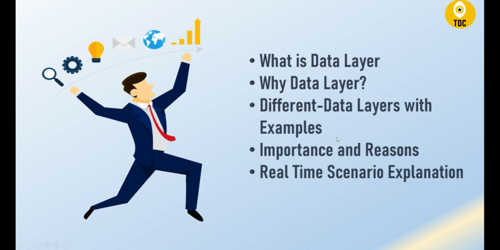We will also see the importance of each layer and the reason we are using it. And at the end, we will see two real-time scenarios. We will take use cases and try to apply these data layers and explain them so that it will be quite relatable to understand.